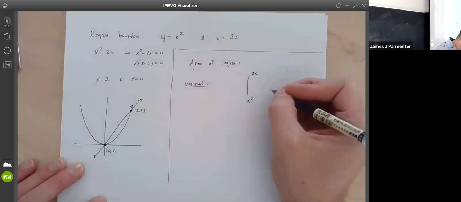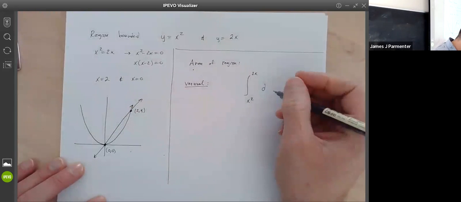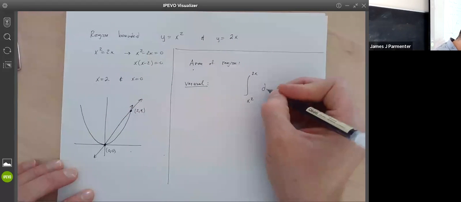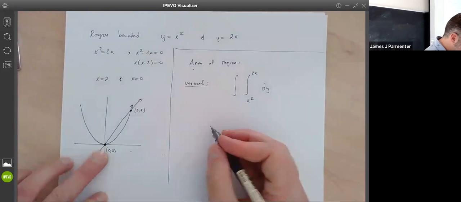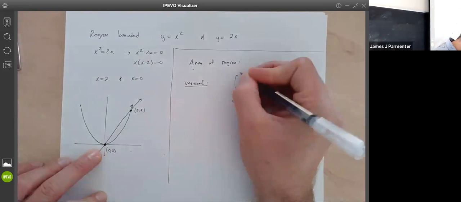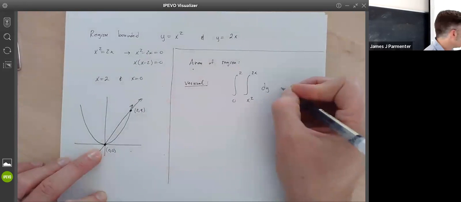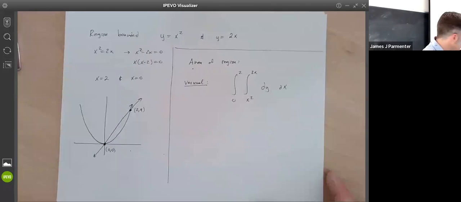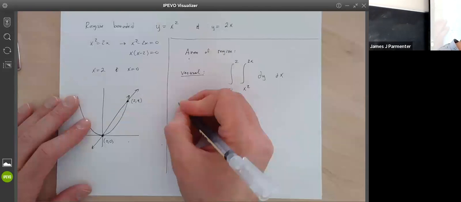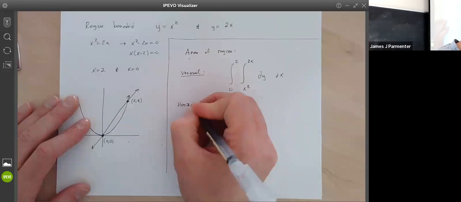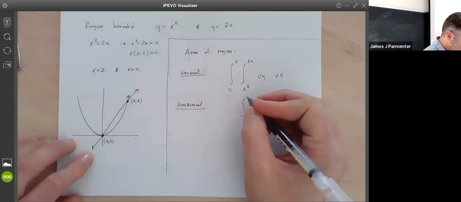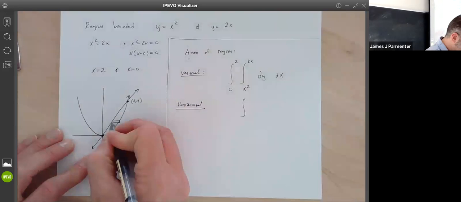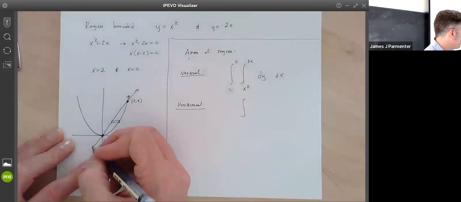And then that's going to be my dy. Oh my gosh, why did my brain say d-something else? And then we're going to have x going from 0 to 2. So that'd be one way we could do the area of the region. Or horizontally, the inner limit, we're going lower limit is left-hand limit.